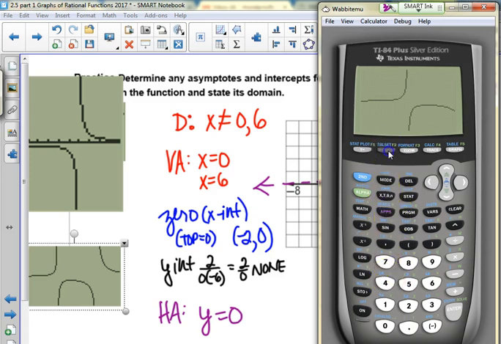Yep. I'm going to go back to zoom 6. Anybody getting anything any better? Anyway, this is the idea. I don't know what window I used to get it to look this nice.